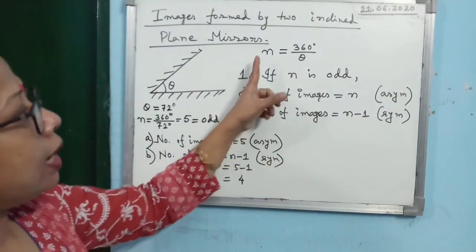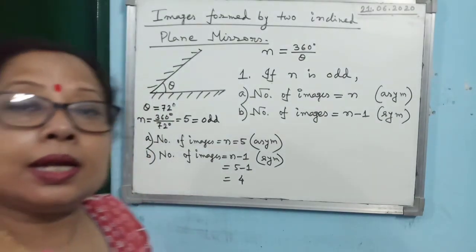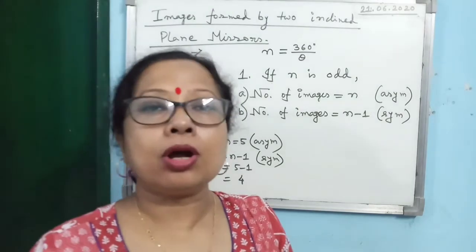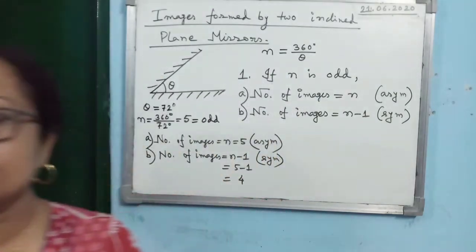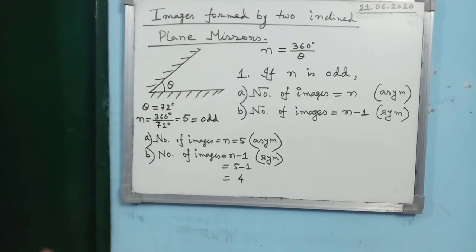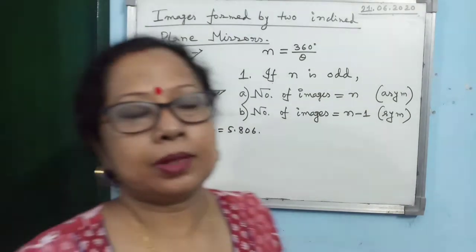But if the value of n comes even, then what will happen? The number of images will be n minus 1 for symmetrical also and n minus 1 for asymmetrical also.